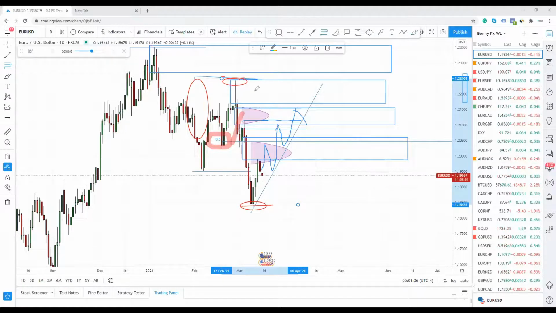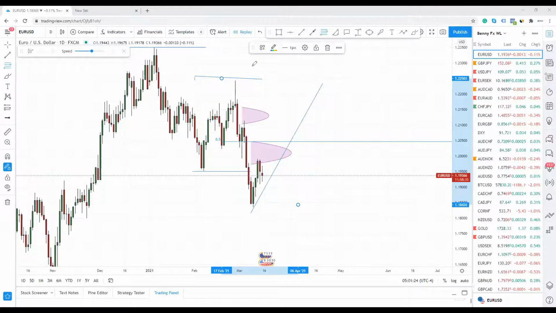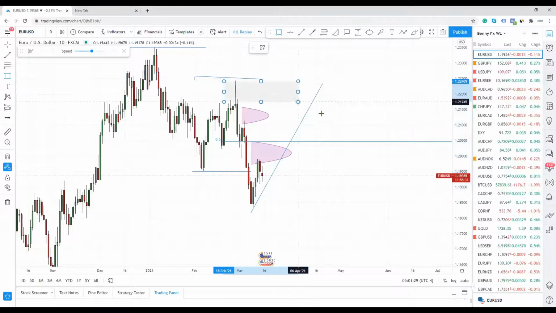So anything that is above 50% is a good level to look to sell. So now we can forget about this. Potential areas we can sell are this gap and this trap. So in other words, when we are actively trading, we are waiting for the market to come here.